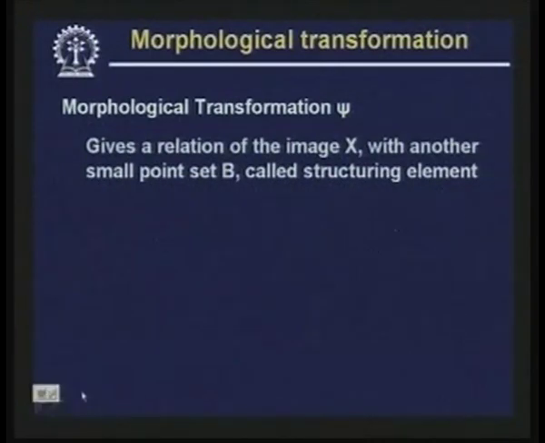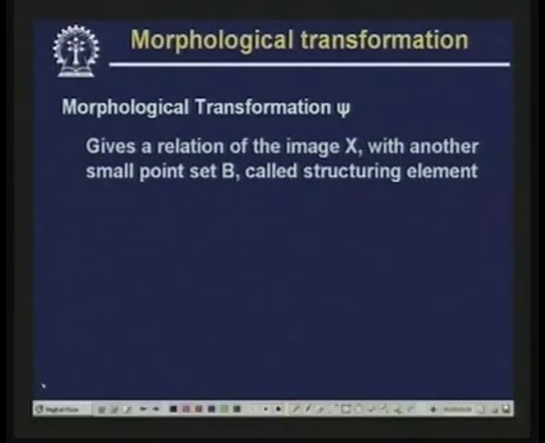So, here also for morphological operation, we will translate the structuring element systematically over the given image X, and for each translation of the structuring element, we will perform some operation, the type of which will depend upon the morphological transformation that we want to do. Firstly, we will talk about some simple morphological transformations, and one of them we call dilation.